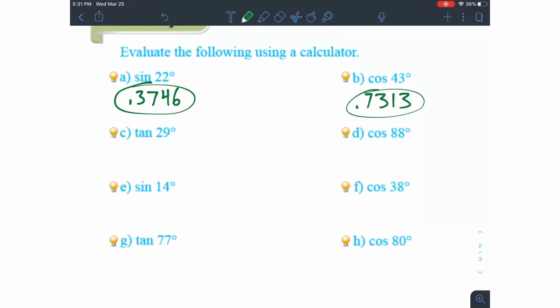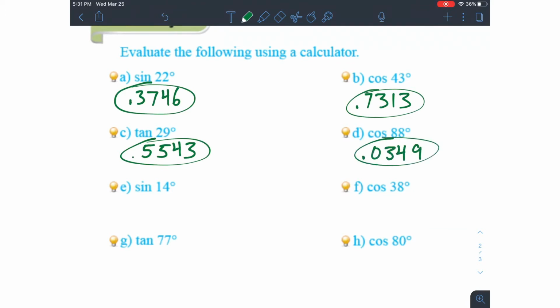So the next one, we get 0.5543. For cosine of 88, that is 0.0349. Sine of 14, 0.2419.